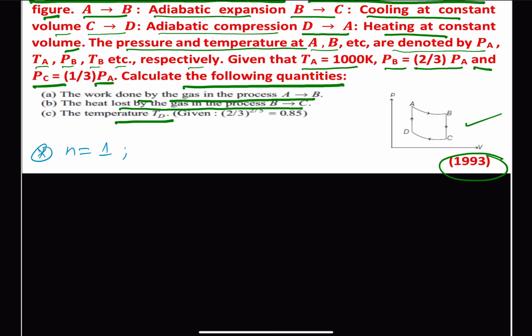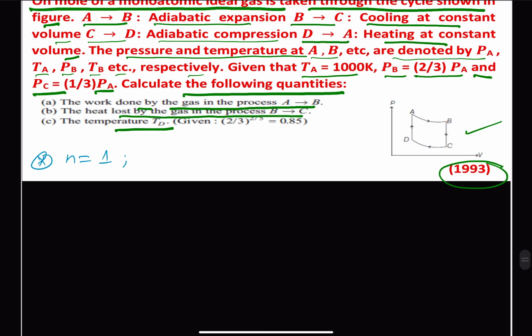And we are given that it is a monoatomic gas, so Cv is equal to 3/2 times R, Cp will be equal to 5/2 times R, and the adiabatic index gamma is equal to 5/3.